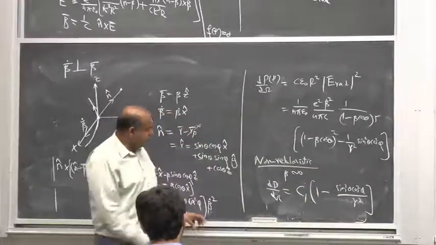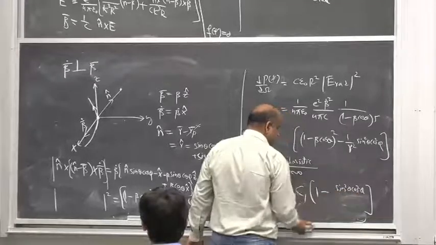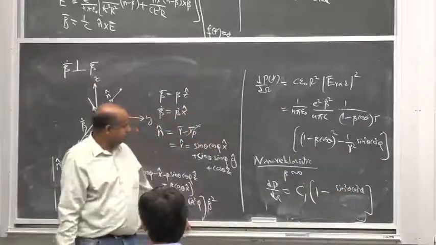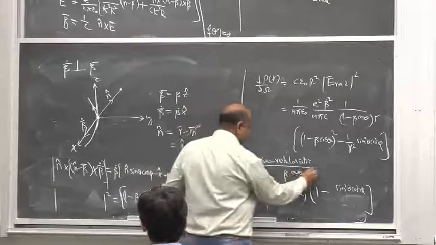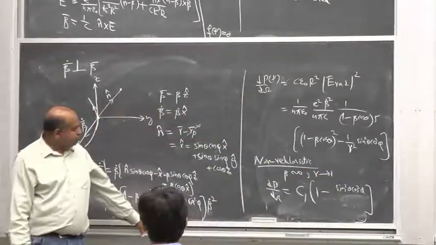When beta is nearly 0, gamma is actually 1, so eliminate that. So this is the radiation pattern.